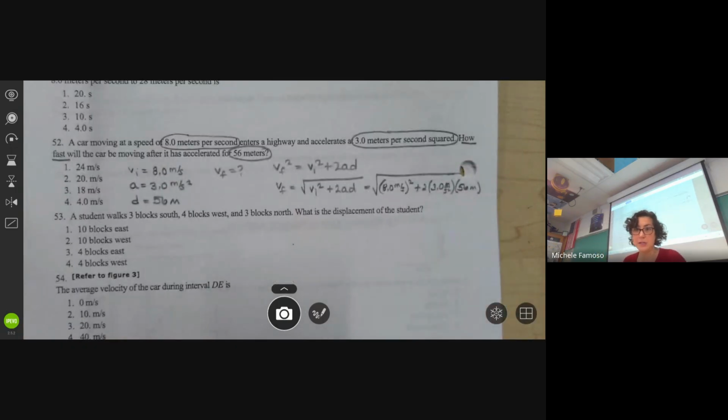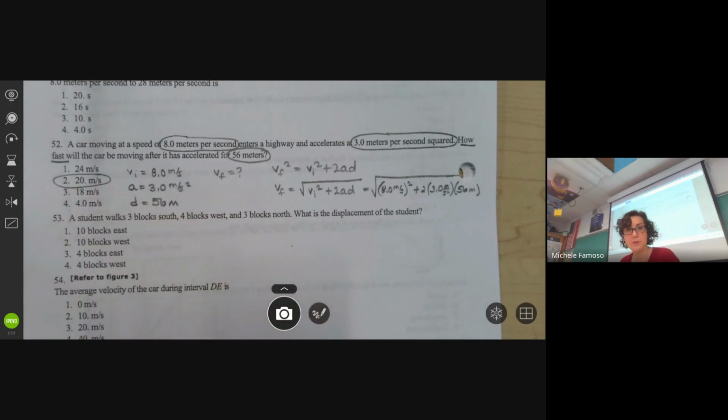So let's plug that into the calculator. 8 squared plus 2 times 3 times 56. Then you take your square root, and that gives you 20. Choice number 2. Anything else through question 60?